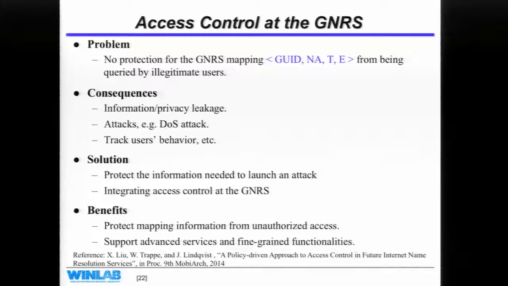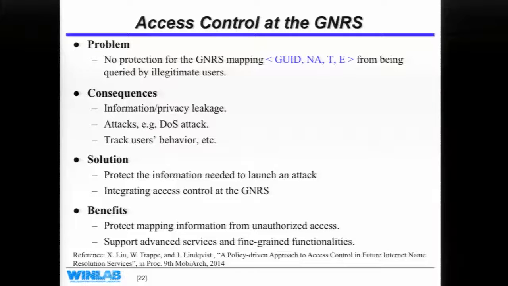Particularly, in the GNRS, we've noticed that currently anyone can just come and ask for another user's GNRS mapping. For example, an attacker can come to GNRS and keep querying your GNRS mapping and obtain your mobility pattern from those mappings.